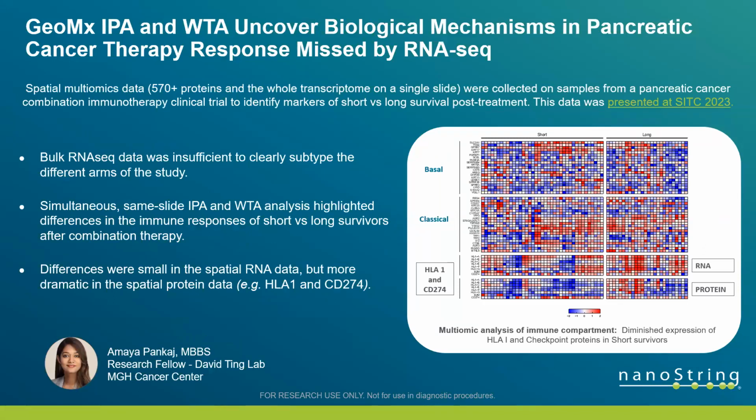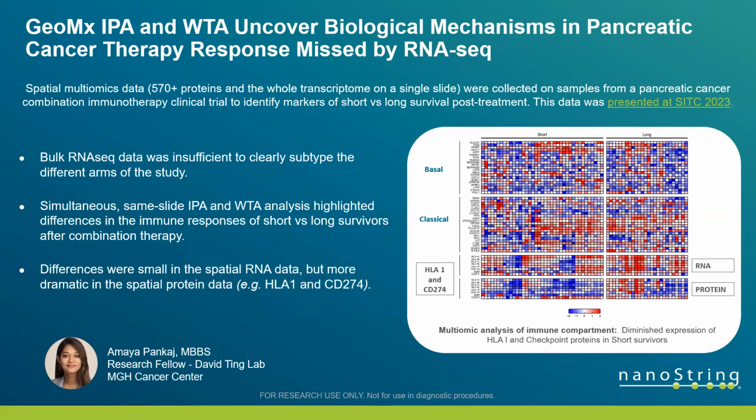There's also a nice study that was done out of David Ting's lab at MGH, where they had been big users of RNA sequencing, but had wanted to be able to look across these pancreas specific samples and look at a number of different markers with protein in this case. And what they found was that they were able to do both IPA, the 570-plex protein assay, and whole transcriptome.